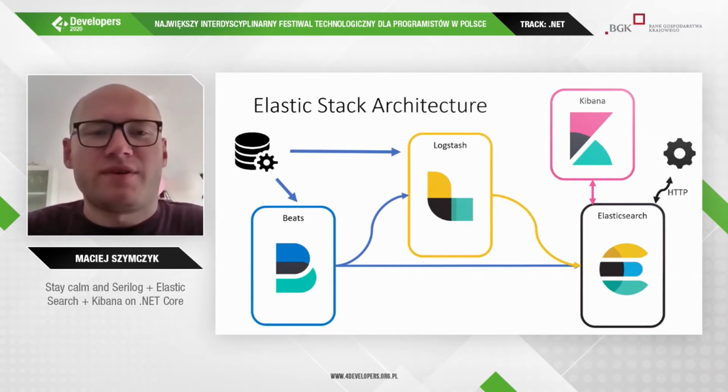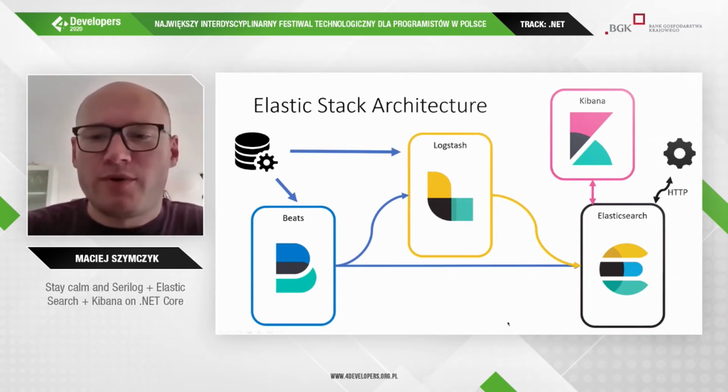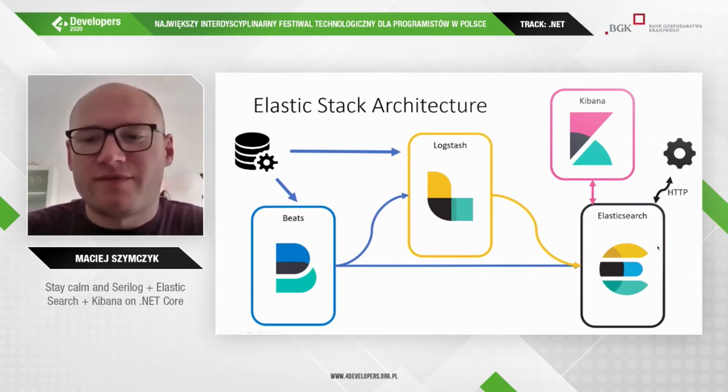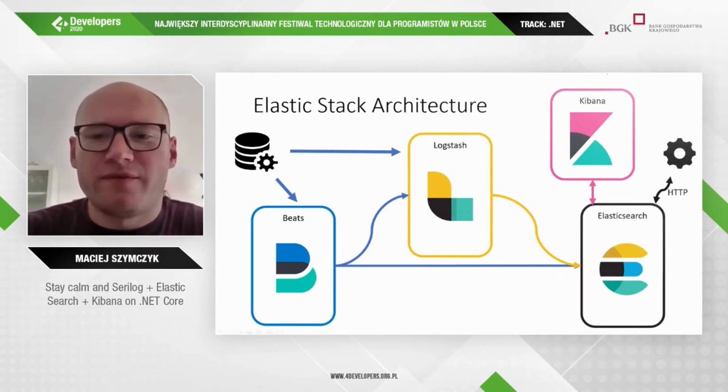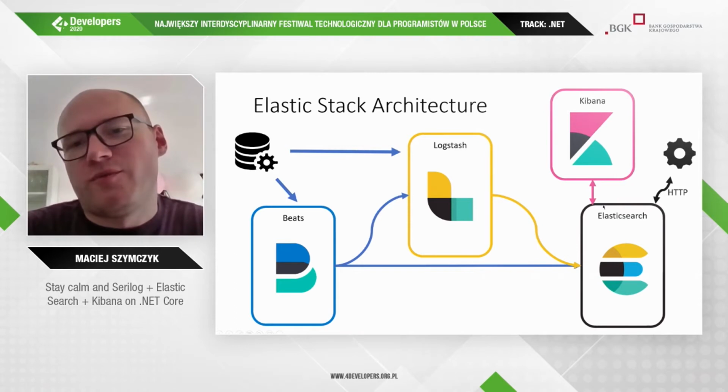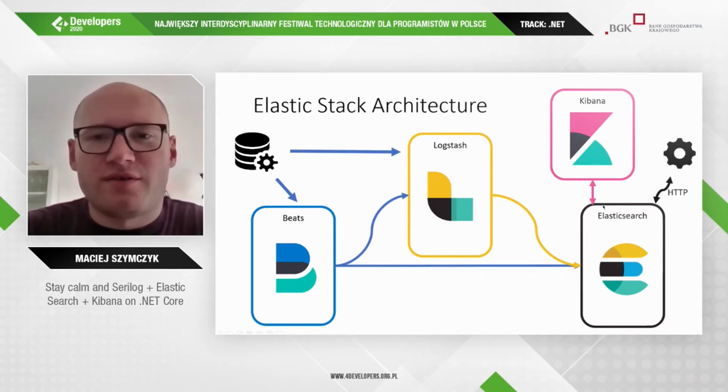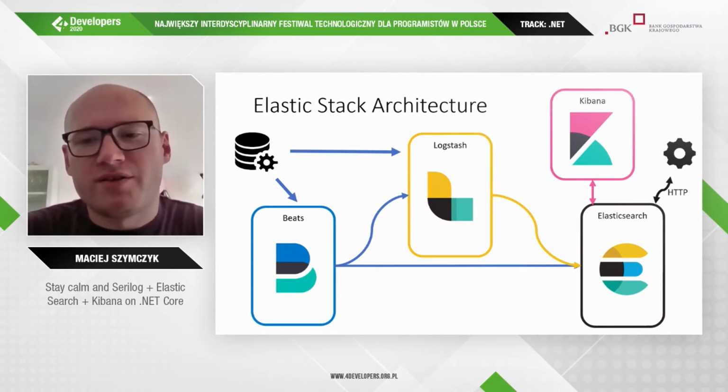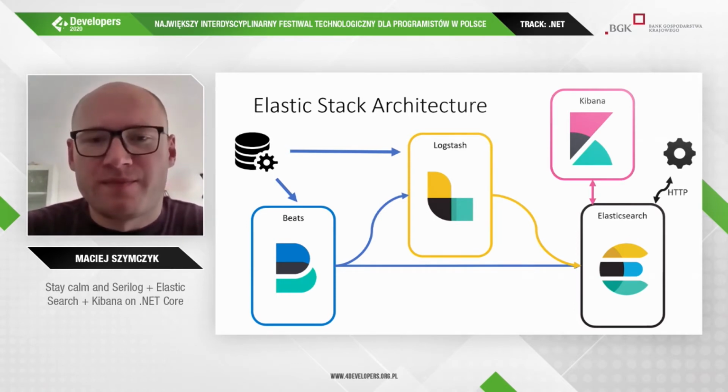So let's talk about Elasticsearch architecture. We have Elasticsearch, which is the heart of our solution. We have Kibana, which is a UI for this solution. In Kibana, we can search logs, we can manage and administer Elasticsearch, and we can provide dashboards and graphs. Then we have Logstash, which provides logs to Elasticsearch.